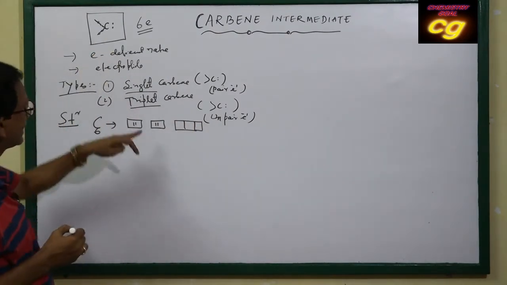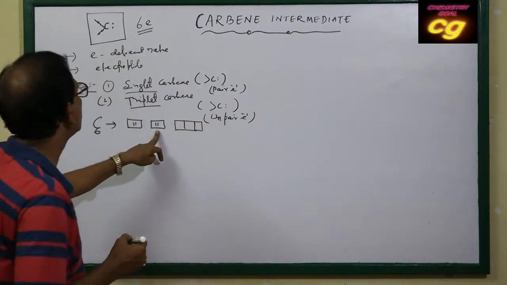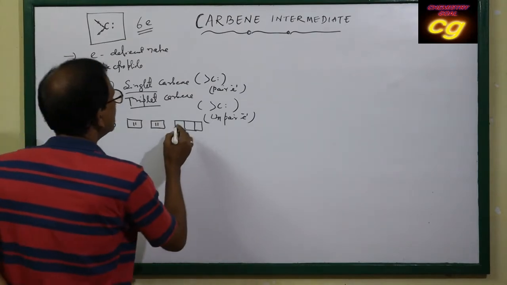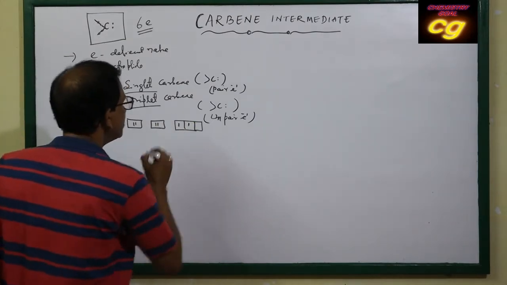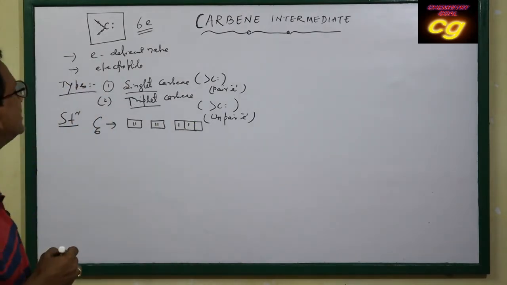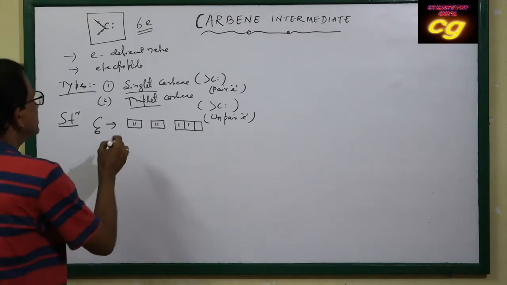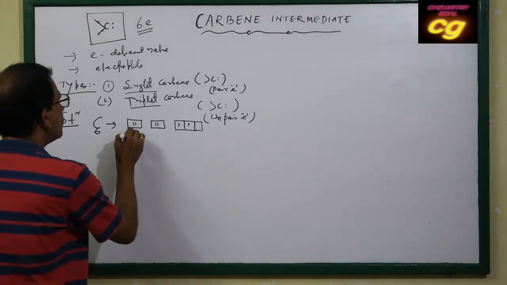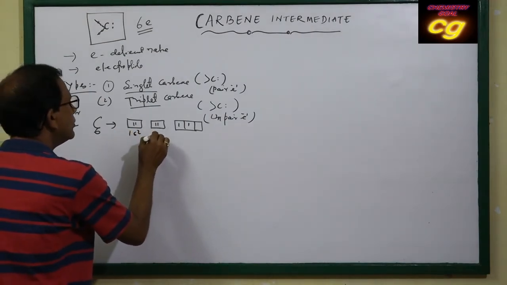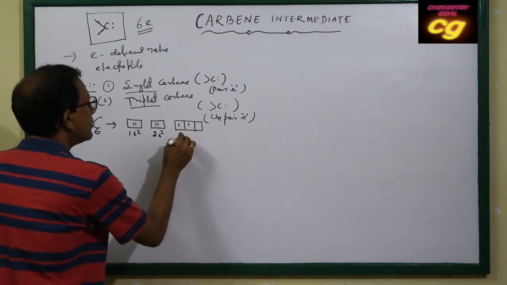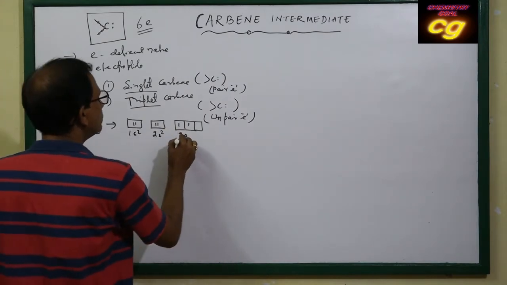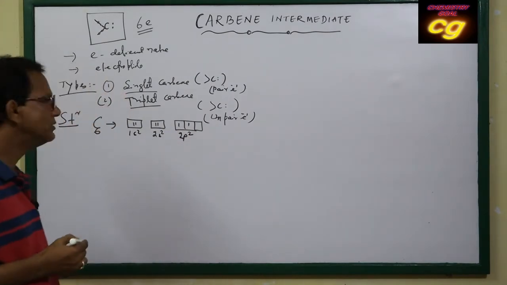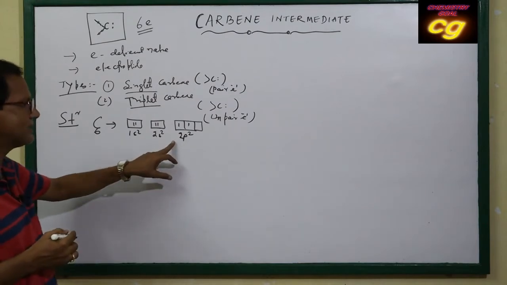Here carbon has 4 electrons in the outermost shell. So the electron configuration is 1s2, 2s2, 2p2.